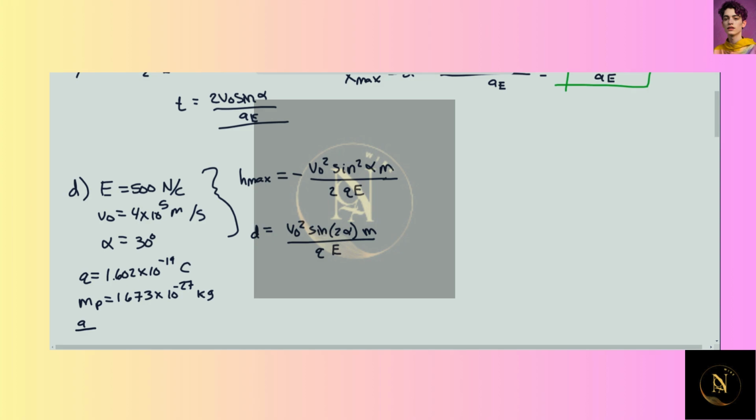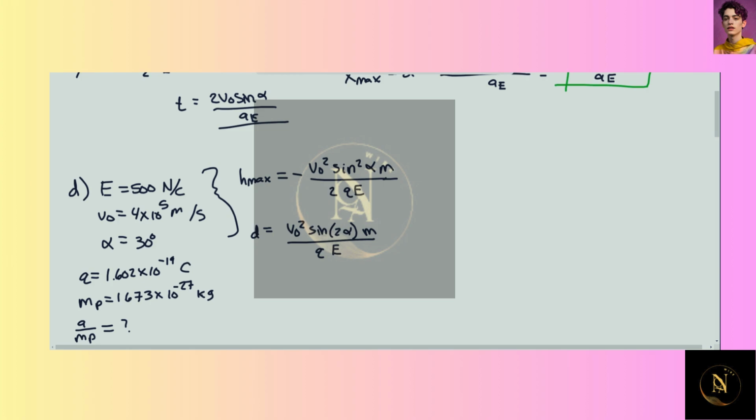Or if you know the charge to mass ratio of the proton, whatever value that is, you can also sub that in, since this is q over m. If you take this back to the denominator, you can do that as well.